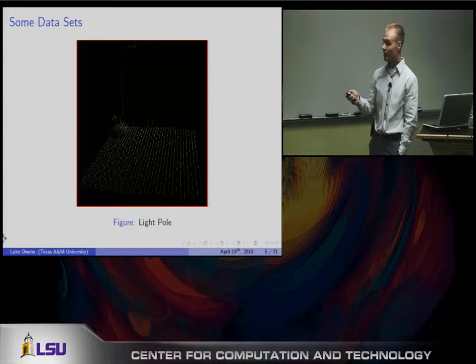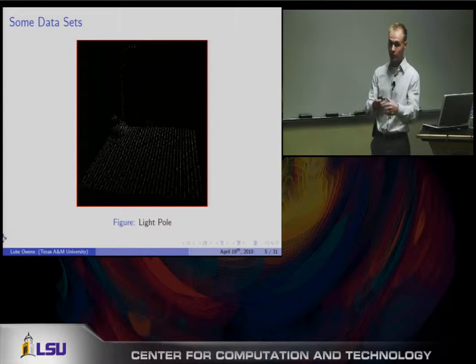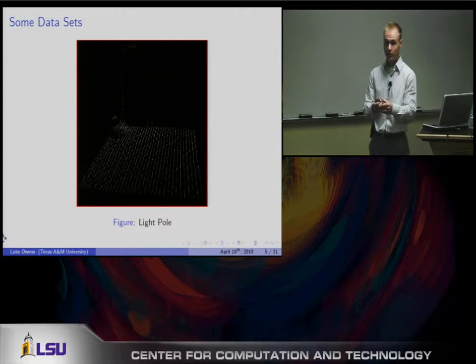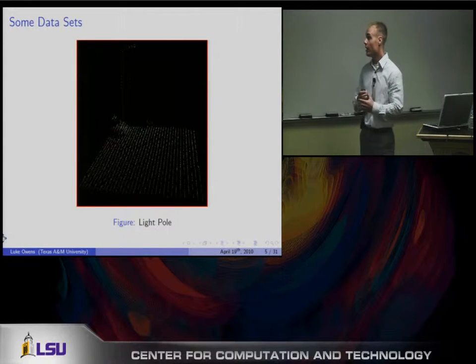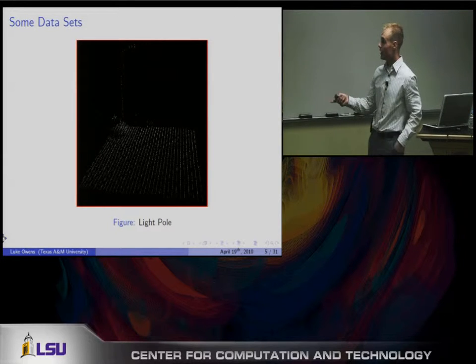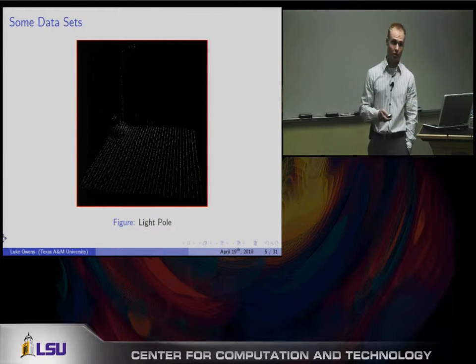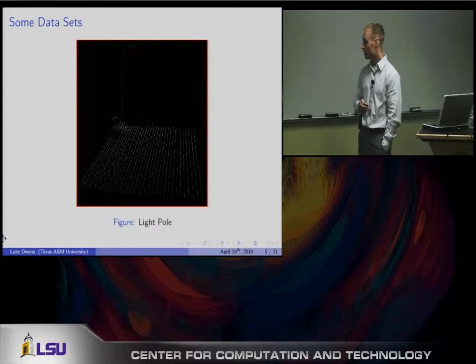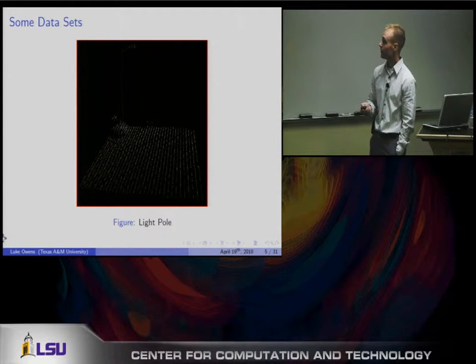This light pole gives us some problems, but I wanted to mention it mainly because, one, it's clearly not a closed surface. That light pole is a linear structure, right? There's no inside and outside. Z is not a function of X and Y. It's not functional. And also, the light pole is a linear structure. So how do we handle the linear structures in our data set?